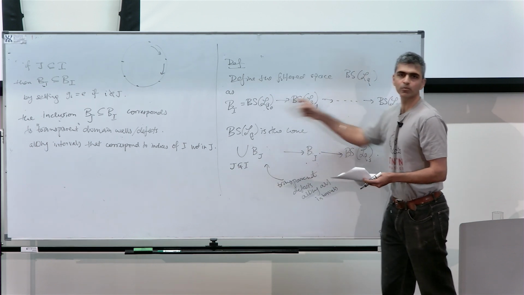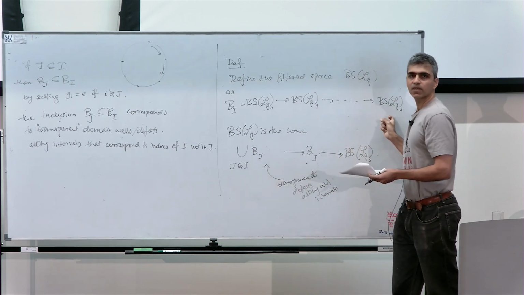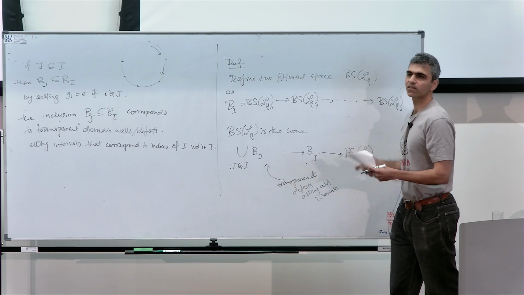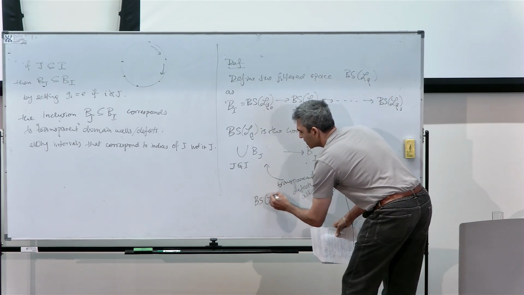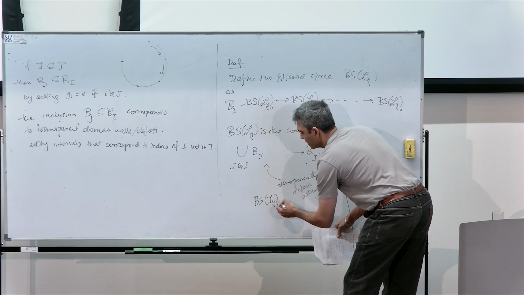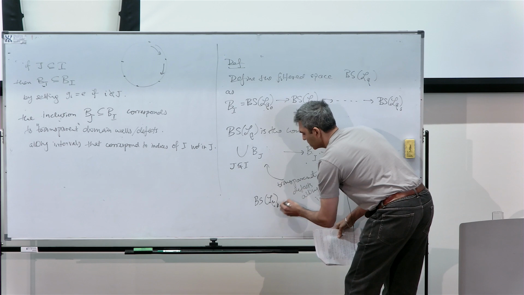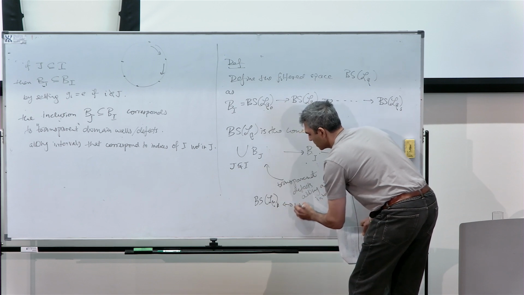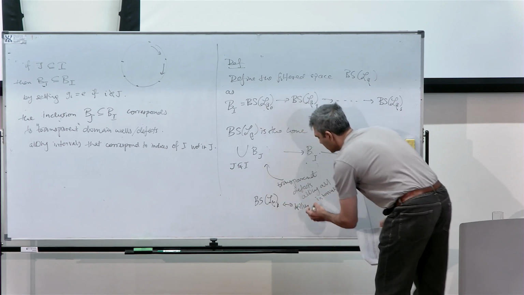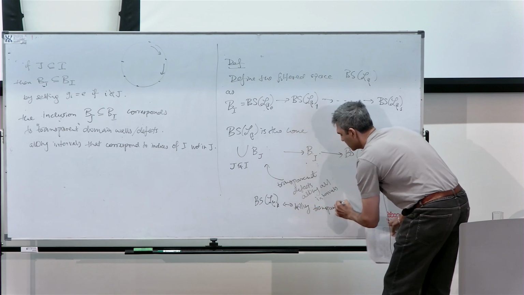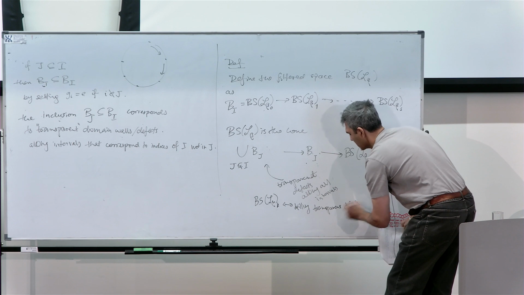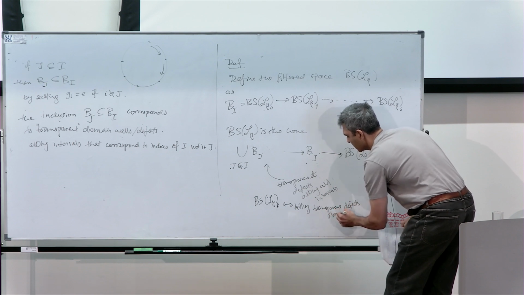So you just interpolate to get a filtered object as you kill more and more transparent defects. Okay? So B^S L beta, J, or maybe I shouldn't call it J, K corresponds to transparent defects along K intervals.